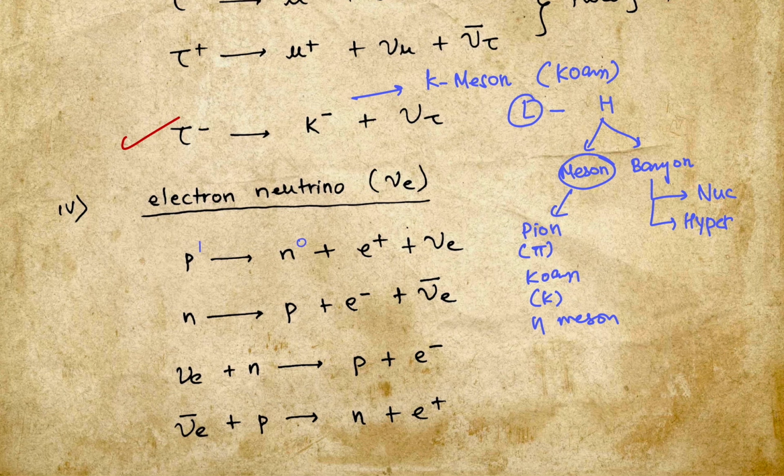Now move to hadrons, the second big classification of particles. We know that hadrons are either mesons or baryons. Mesons are of the bosonic category, so they have a spin of n h bar, and baryons are of the fermionic category, so they have a spin of an odd multiple of that.